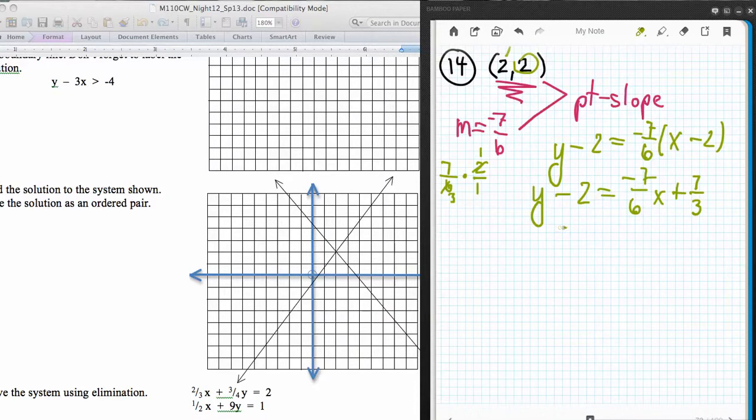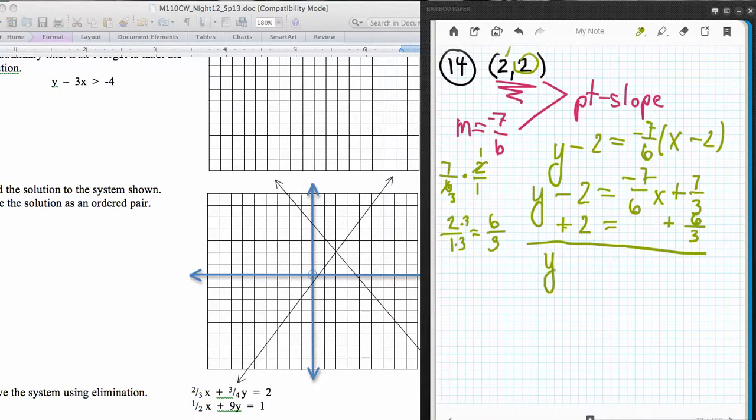Well, that means that I'm going to have to add 2 to both sides, but in order to add it to this fraction, I really need 2 in terms of thirds. So I have 2 over 1, and I need to make sure it looks like thirds. So 1 times 3, and 3 times 2 gives me 6/3. So I'm adding 2 as its equivalent fraction, 6/3. That just makes my life easier.